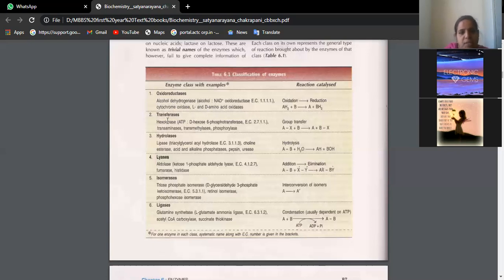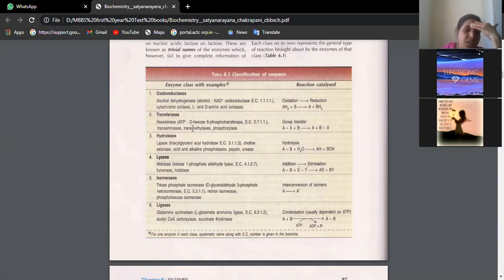Then transferases. Transferases are the enzymes which transfer one group, like hexokinase. If you remember, glucose and fructose are both sugars having the same formula, C6H12O6. One is a keto sugar and the other is an aldose sugar, isn't it? That is the only difference.